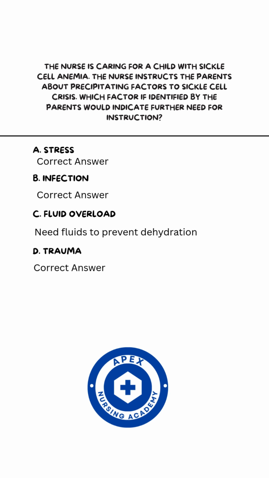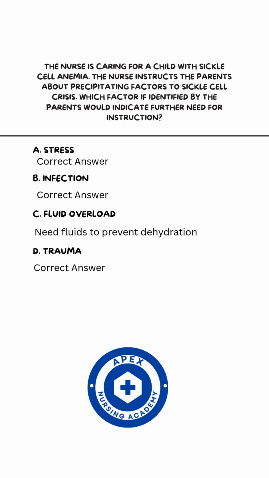Now let's look at the answers. Stress. That's going to be a correct answer because stress is a precipitating factor to sickle cell crisis. Infection, we talked about. So, yes, that is a precipitating factor to sickle cell crisis. Fluid overload. Now, if you've done your teaching and the parent tells you, well, giving too much fluids is a precipitating factor, I shouldn't give a lot of fluids, that's going to be a red flag, right?